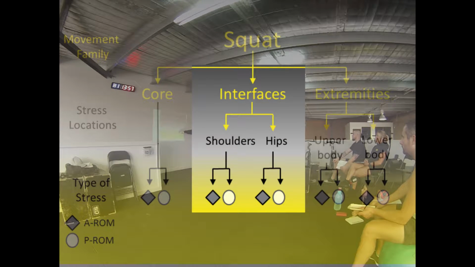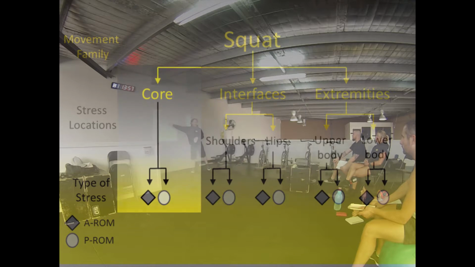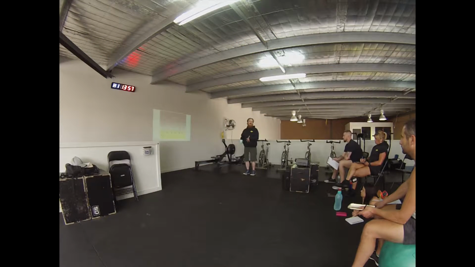If these aren't secure, i.e. they can't get their leverage from here, they start to compensate, right? You see people who sort of just go into this disgusting sort of overextended position when they're pressing overhead. They're stable, but they're stable because they've basically gone to their end range for passive stress and just locked off the bones and hanging there, right? It's not particularly productive, it's not particularly useful.